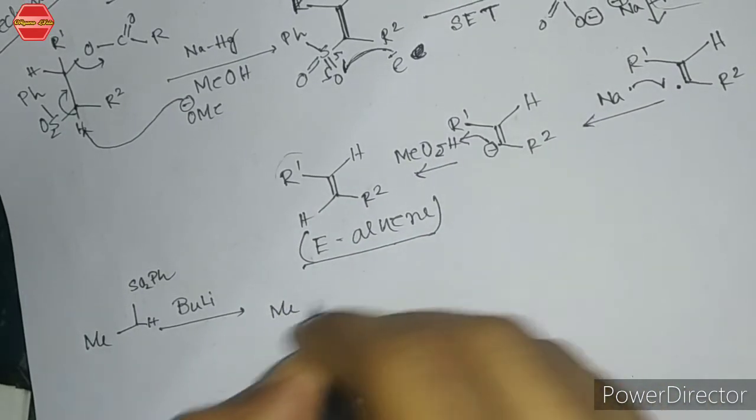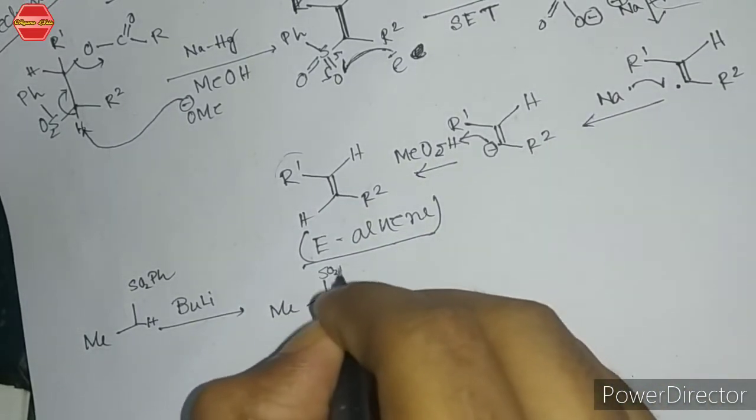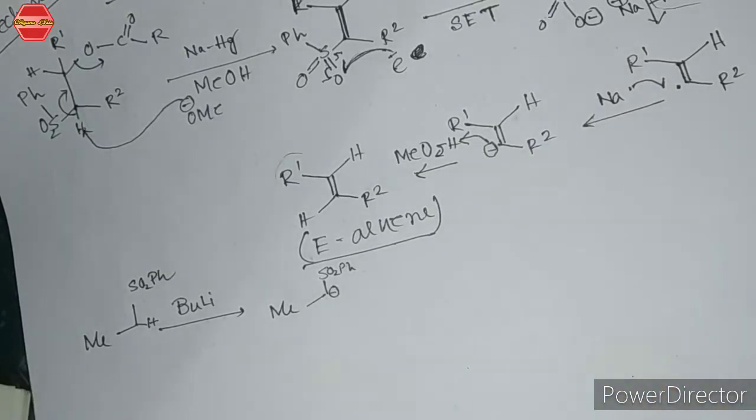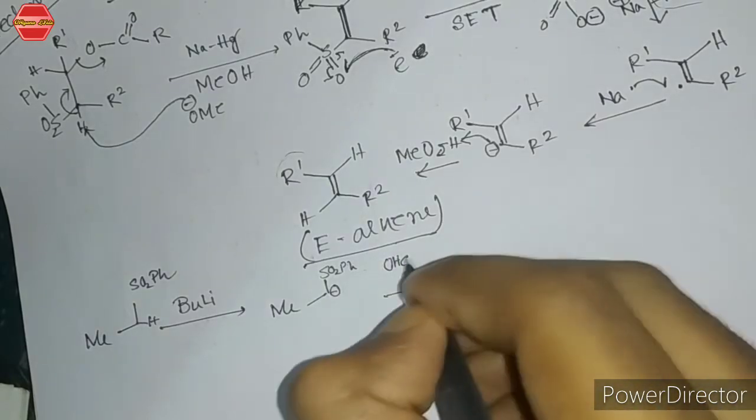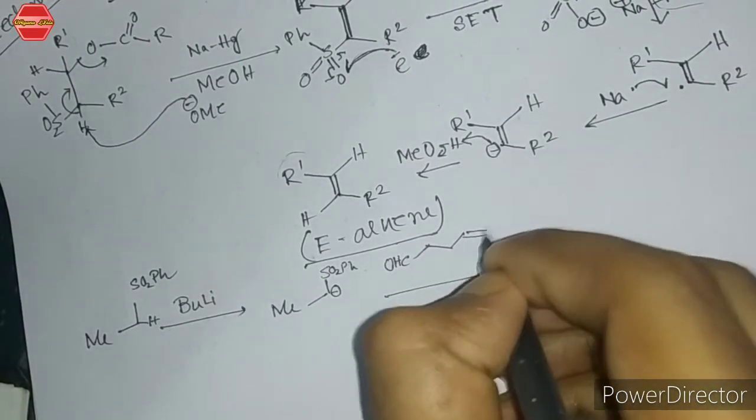So there is a formation of a negative charge, and you are given an aldehyde like this.